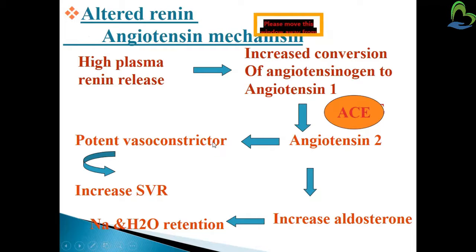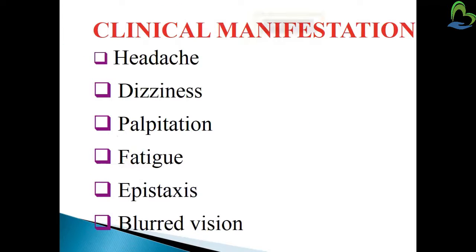So excessive vasoconstriction will be there, and again systemic volume resistance will increase. Aldosterone will increase, and lastly the sodium and H2O retention will increase. And again the same thing happens which was happening in the previous slide.